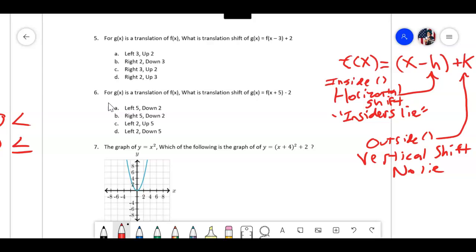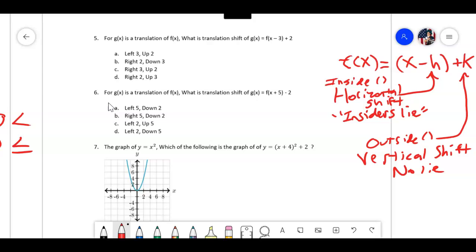So whether you have it in a function form like 5 and 6, or in a specific function like squared, cubed, absolute value, whatever, either way, inside the parentheses, insiders lie. So negative will be going to the right, positive will be going to the left inside the parentheses. But after the parentheses, to the right of the parentheses, that's a vertical shift, up or down, and it's not a lie. So up is positive, down is negative.